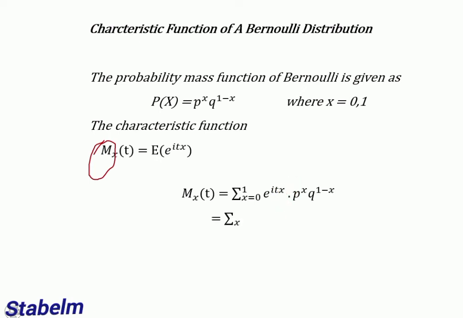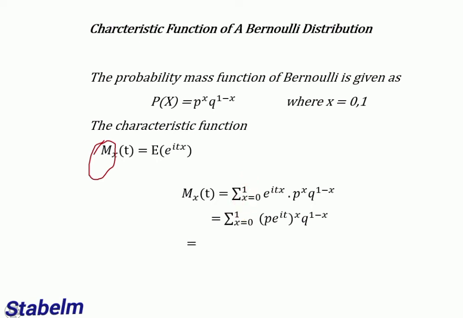We have a summation with x running from 0 to 1, then we have p exponential iota t, raised to x, bracket close, then we have q raised to the power 1 minus x. And don't forget our x spans from 0 to 1. So when we use this summation, wherever we find x, we substitute 0, plus wherever we find x, we substitute 1.